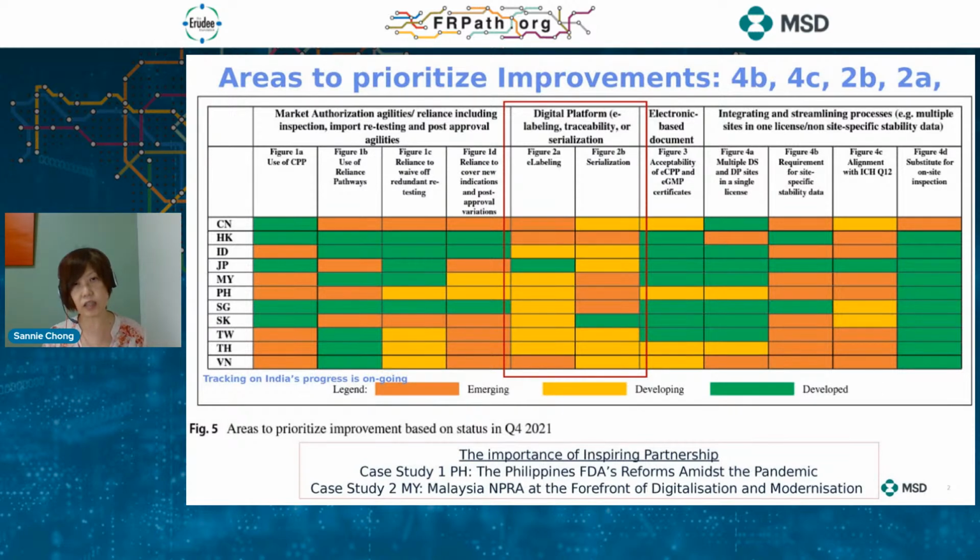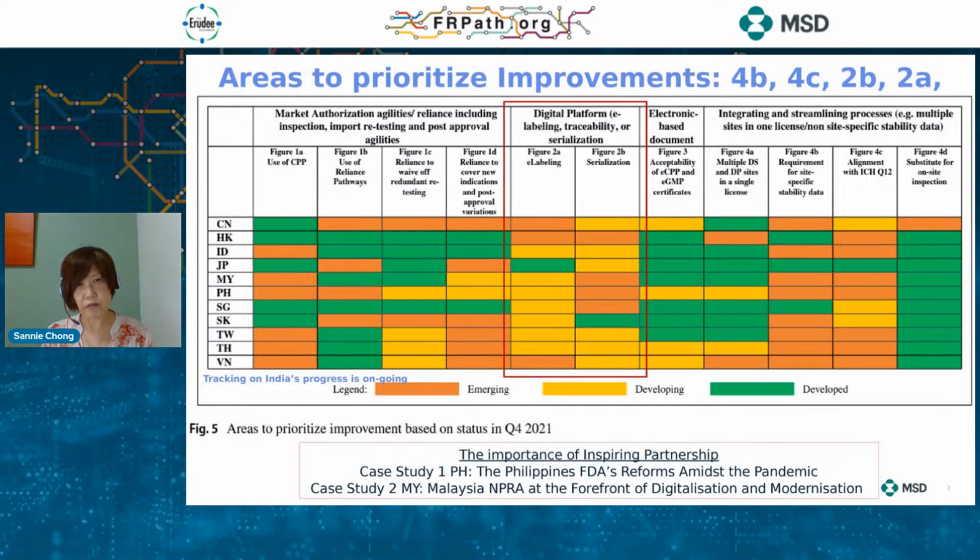And 1D looks at reliance to also cover new indications and post-approval variations. So in a very nice way, the life cycle of smart regulations with reliance pathways.